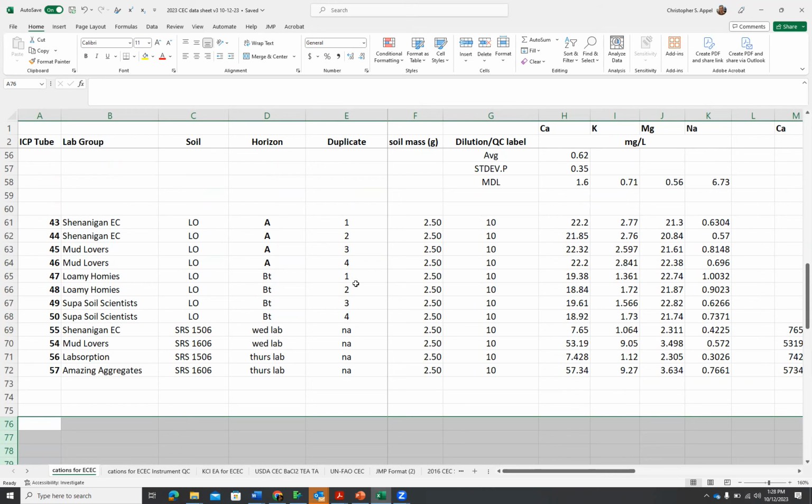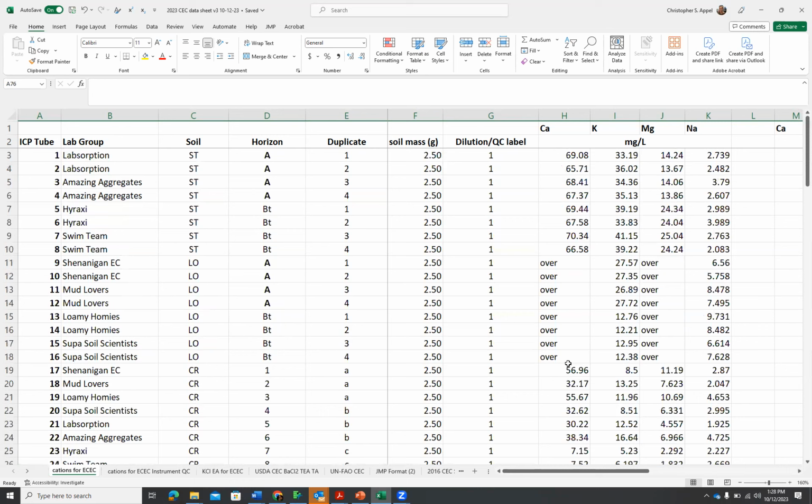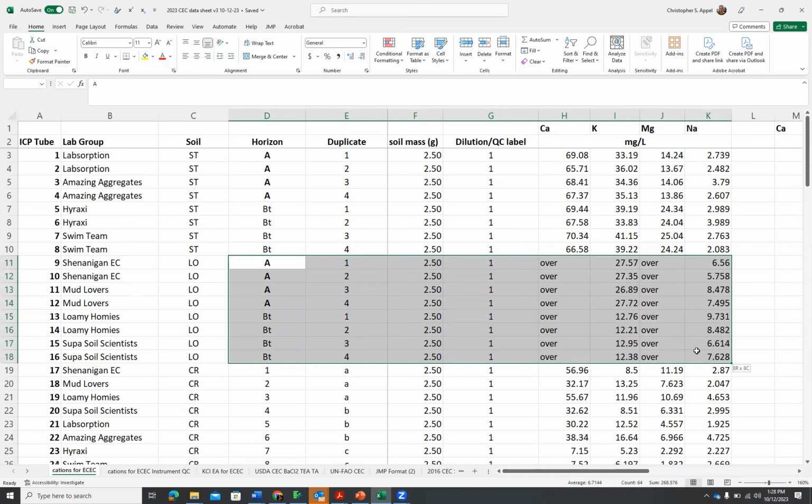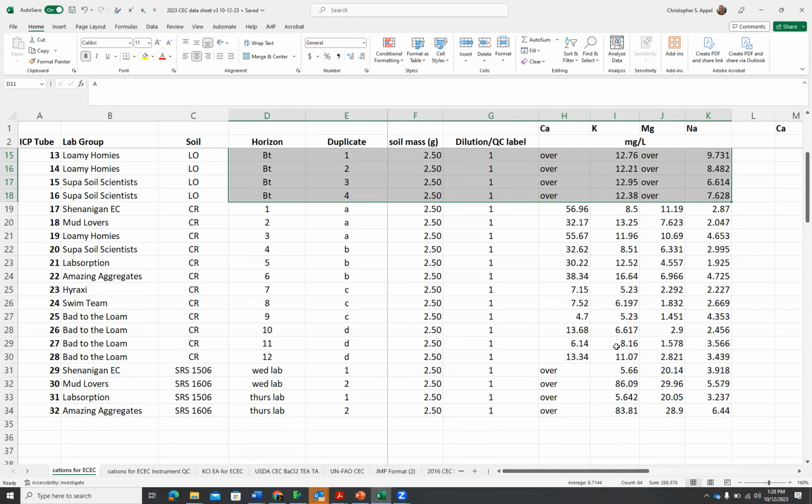So we have our Los Osos soil A and BT, and then we got SRSs that we diluted, and then we want to look at the places where we didn't have dilutions, right? If I go up to the top of my spreadsheet, here are locations where for Los Osos I didn't dilute, and similarly, my SRSs are here where I didn't dilute.